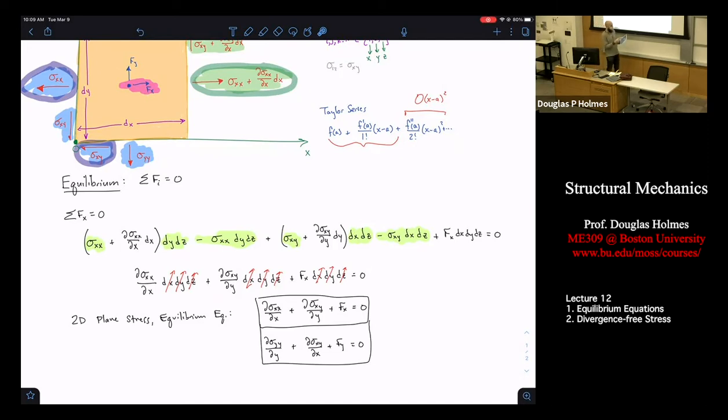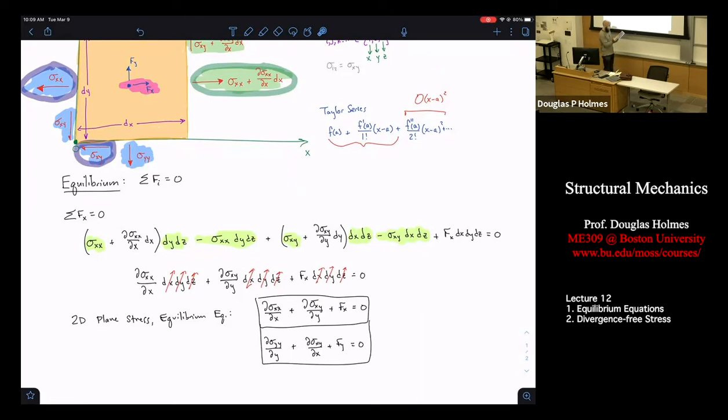We're going to need something that describes, for instance, the shear force in the xz direction relative to changes in the z direction. We have shear xy relative to changes in y. We're going to need something like shear xz relative to changes in z. And you can do that for all of this.